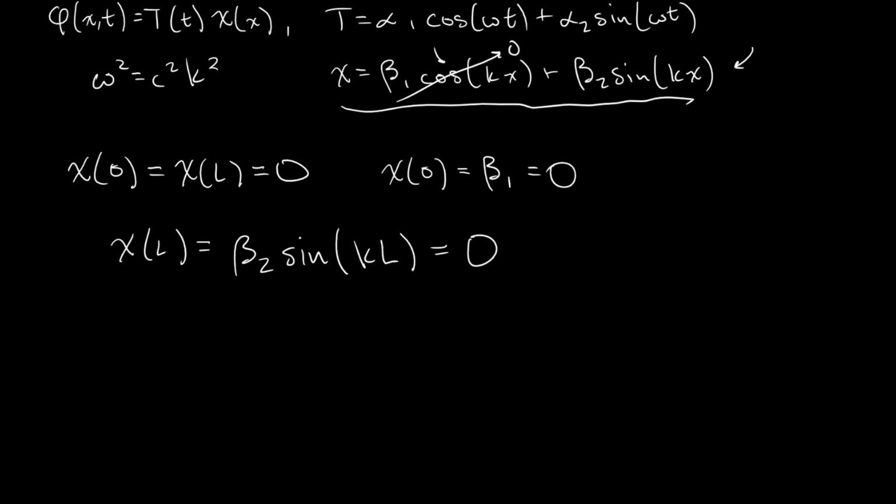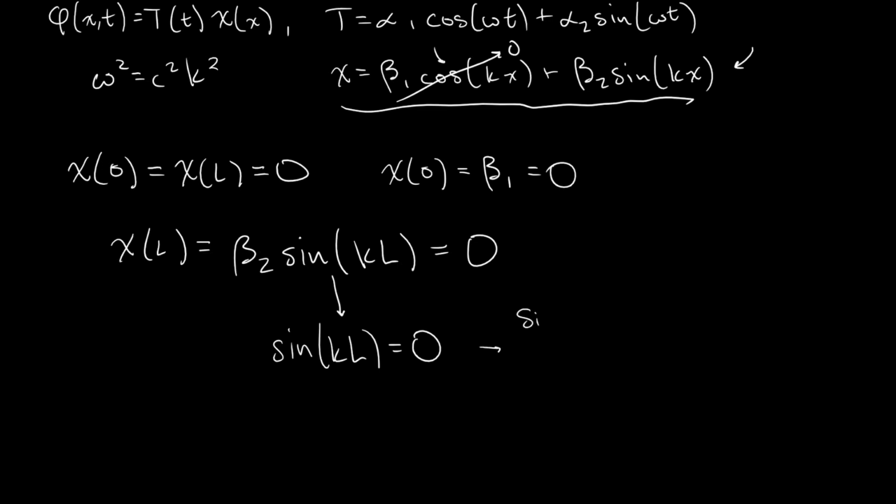So instead, let's ensure that the sine term always vanishes when x is equal to L. So we want sine of KL equals 0. So when does sine vanish?